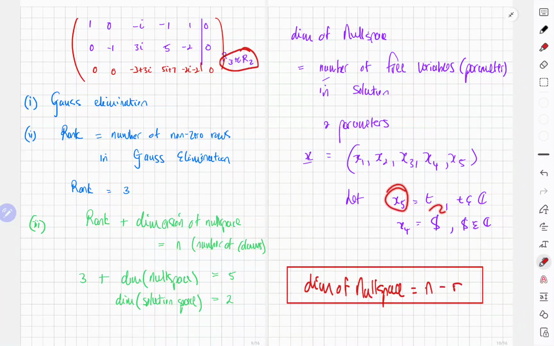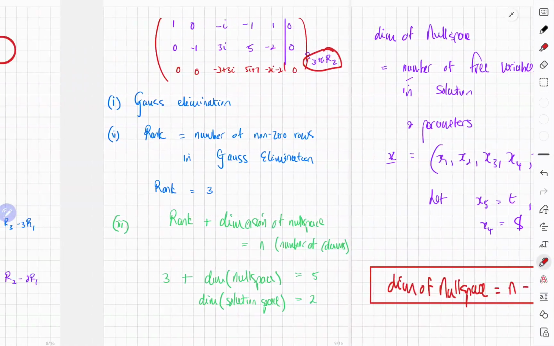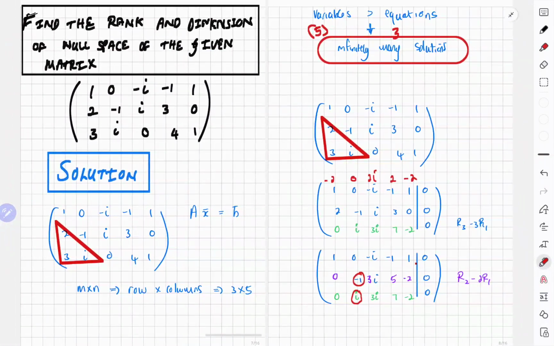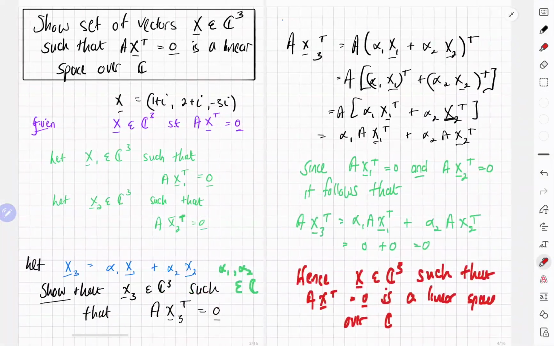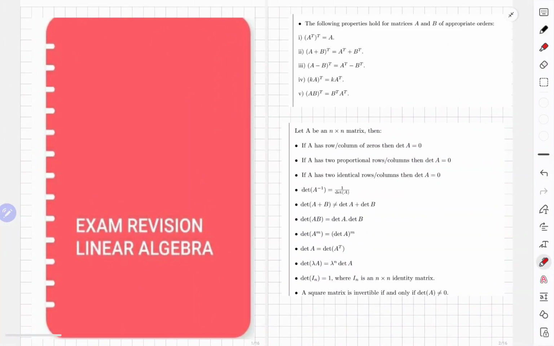We would say, let x5 be t, x4 be s, and then we will solve x3, x2, and x1 in terms of s and t. So that is the rank and dimension of null space. So we have done exam revision on some linear algebra questions, and this is the end of this video.